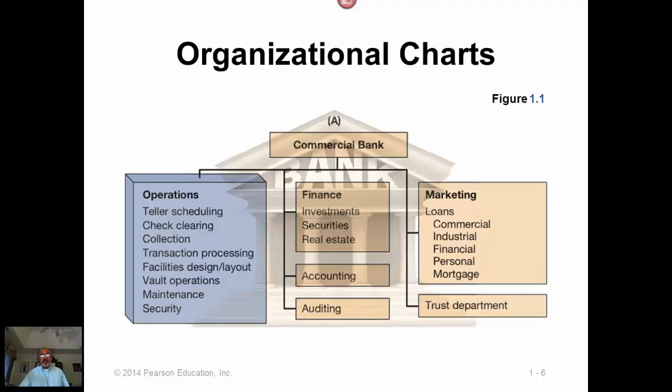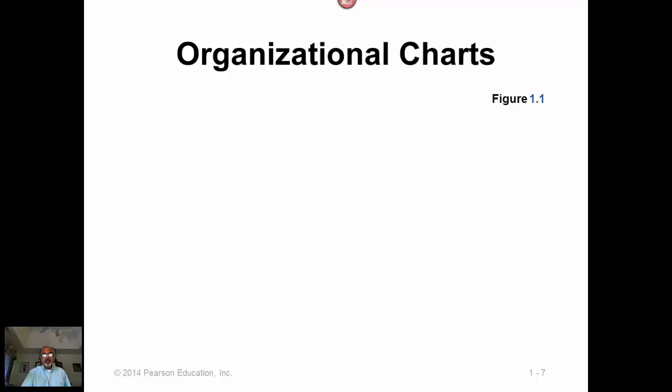This is a commercial bank, and you can go over the list of tasks in each category. Another example is an airline company, and what are the tasks in the three essential functions. And a manufacturing company, what are the tasks involved in the three essential functions.